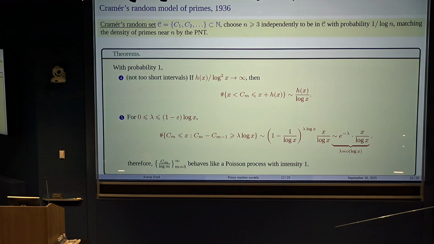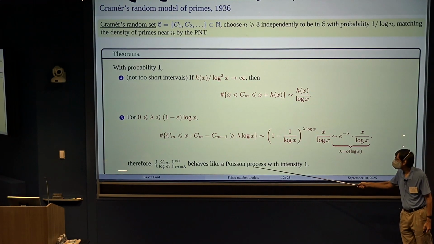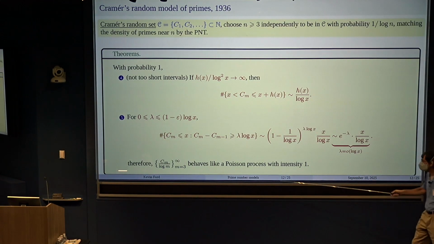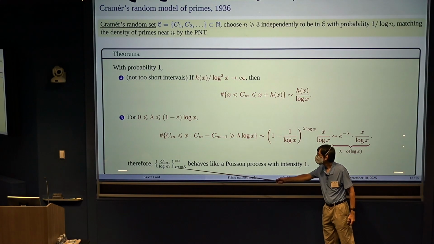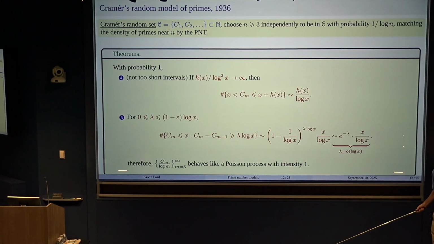So one has an exponential distribution for gaps between elements here. And also, because of the independence here, this is another way of saying that this sequence behaves like a Poisson process with intensity 1.